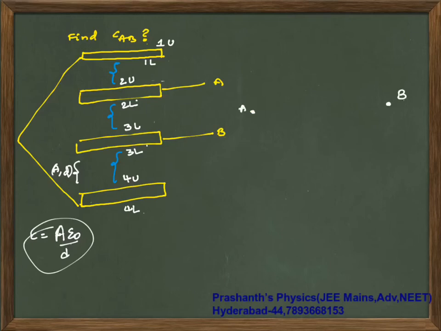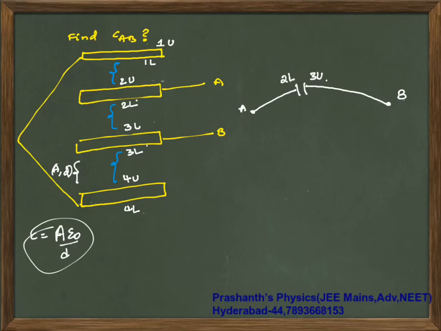Between A and B there is directly a capacitor. A is nothing but 2 lower, and B is 3 upper. So 2 lower and 3 upper have a capacitor directly connected like this.